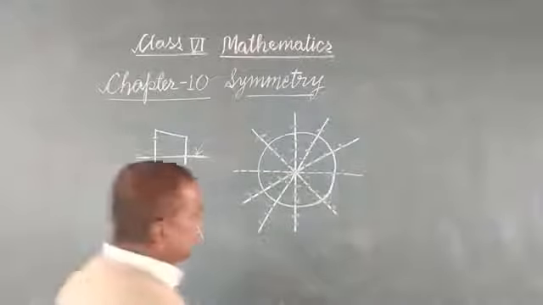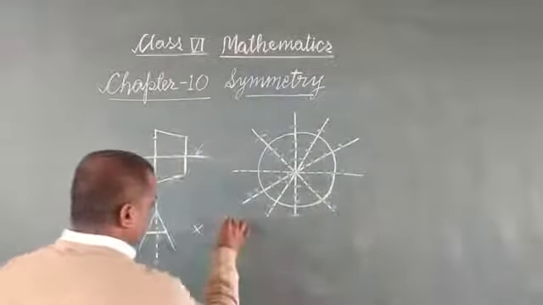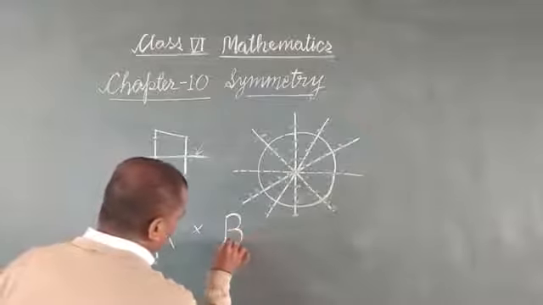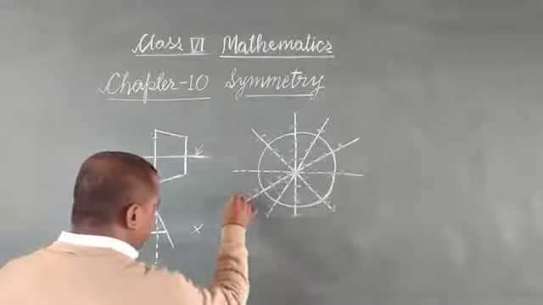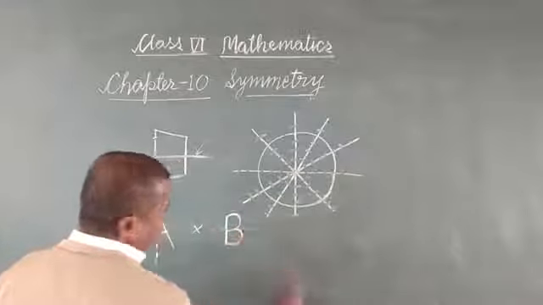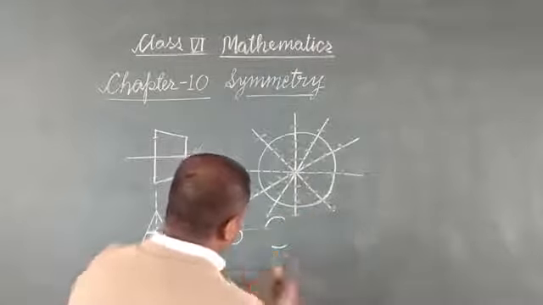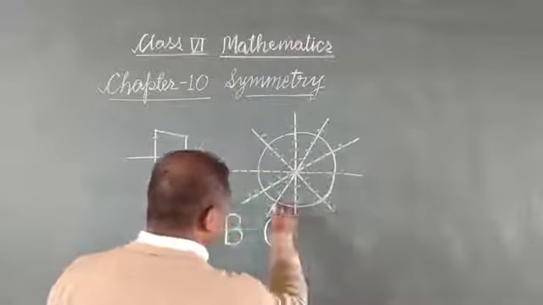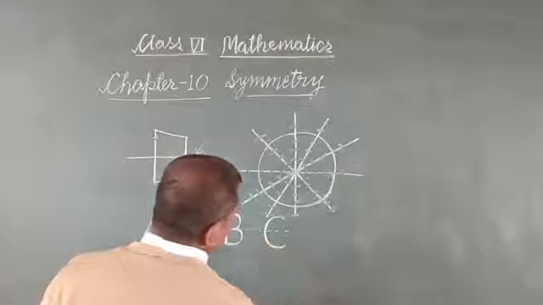Now in letter B, this is letter B. This side, no line of symmetry, but this side, one line of symmetry we have. In letter C, this side no line of symmetry, but this side, one line of symmetry.